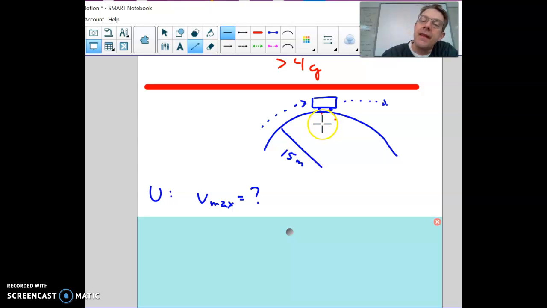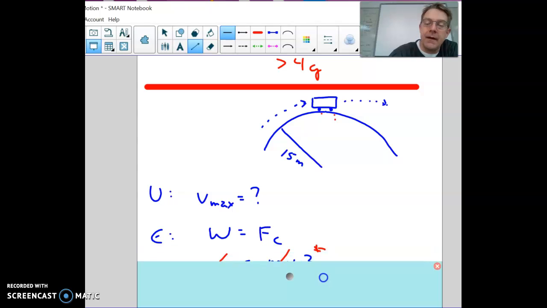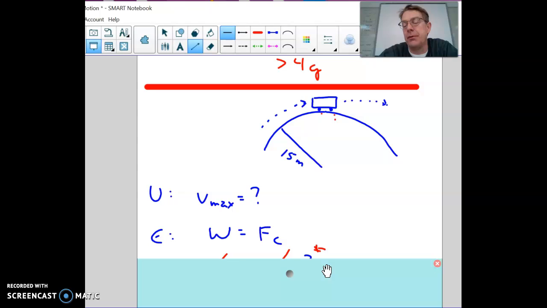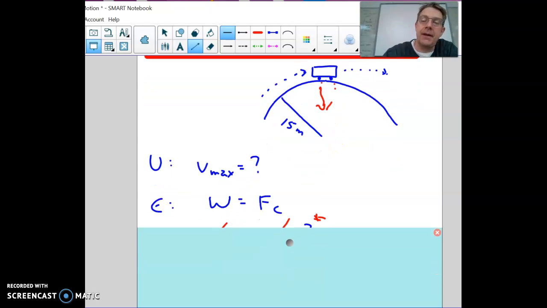And that means that if my net force is 0, my weight has to equal the centripetal force, because what I want is for there to be no normal force on this cart. That's kind of what I want to be happening here.